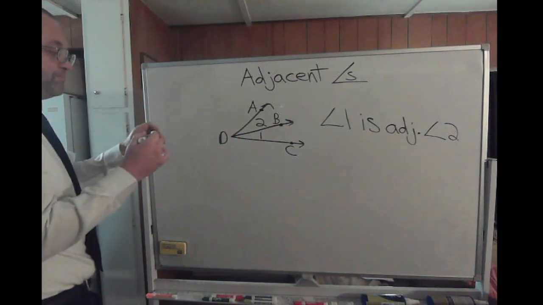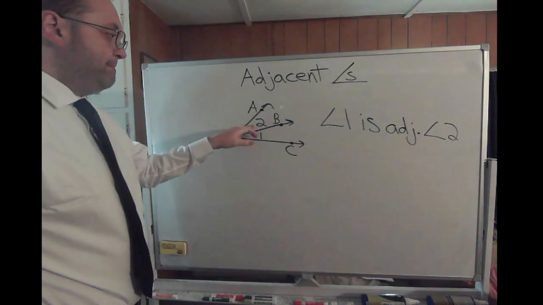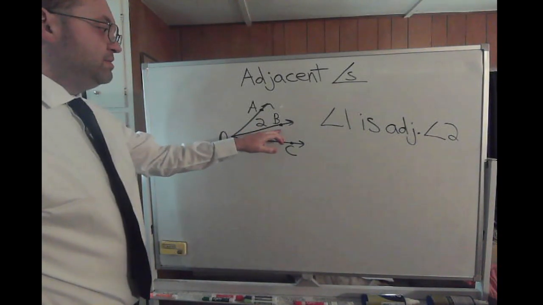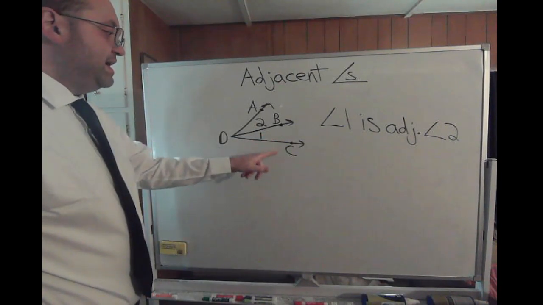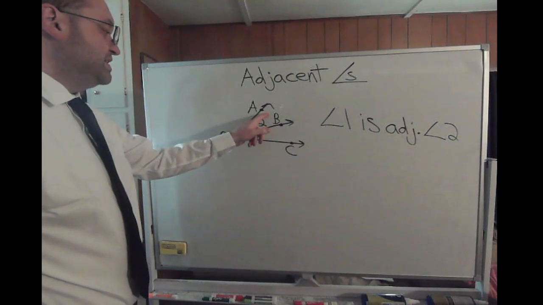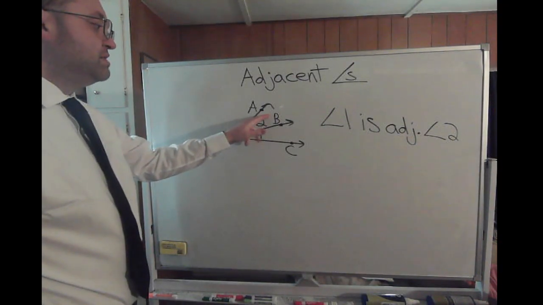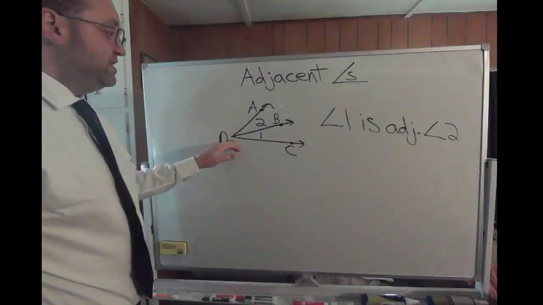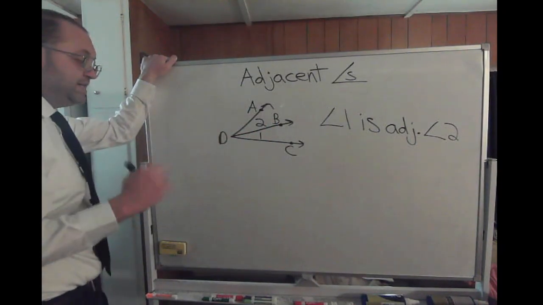Okay, so ray DB, so point B, ray DB is a common side of angle 1 and it's a common side of angle 2. They have a common side, and they have the common vertex of D, so far these are adjacent angles. Angle 1 and angle 2 are adjacent.